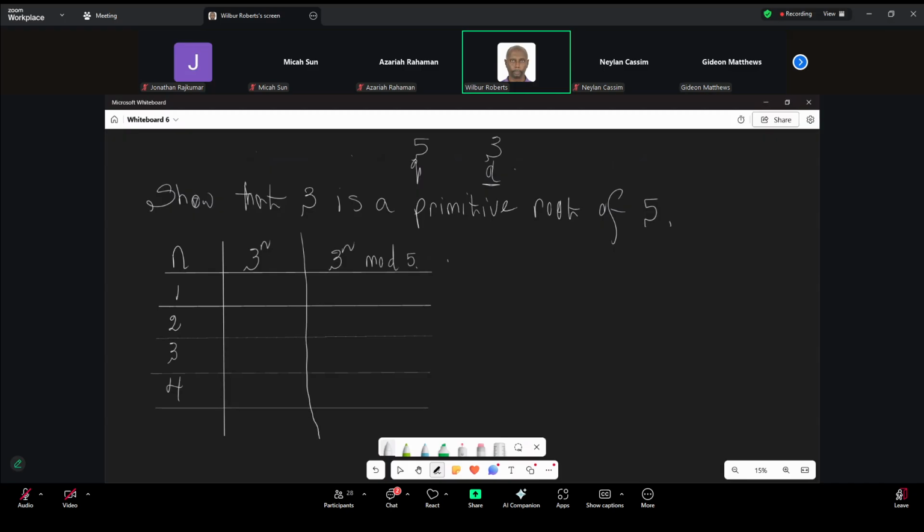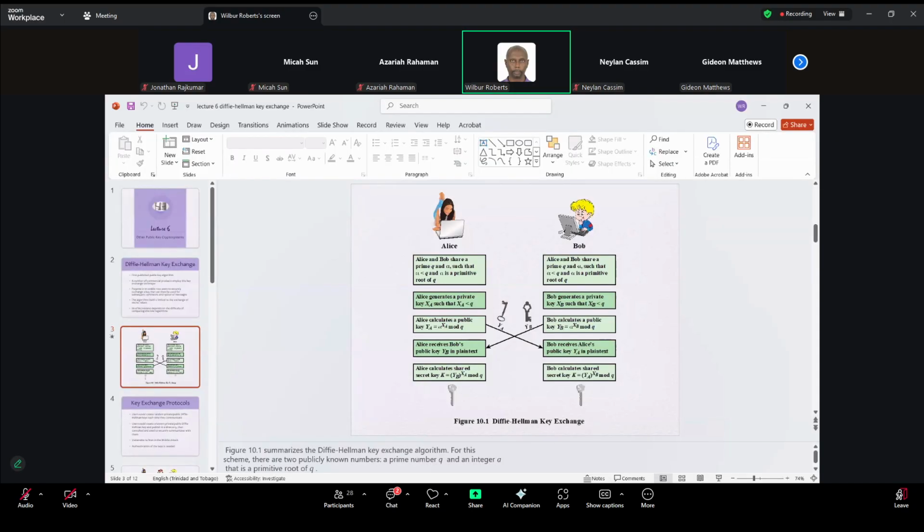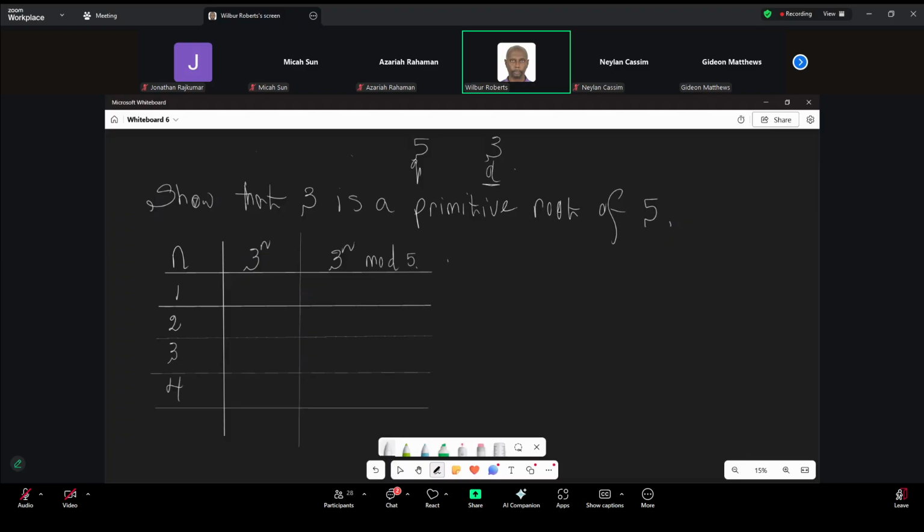So we want to prove that 3 is a primitive root of 5. Why I'm doing this is because in the PowerPoint notes here, we will see that Alice and Bob share a prime Q and alpha, such that alpha is less than Q, and alpha is a primitive root of Q. I'm just explaining what a primitive root is, and how we know that one number is a primitive root of another.